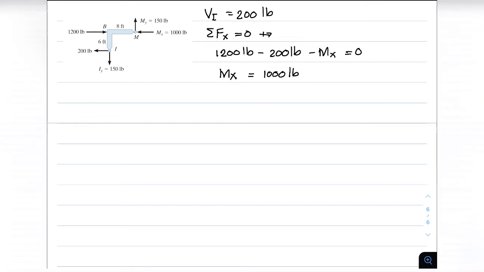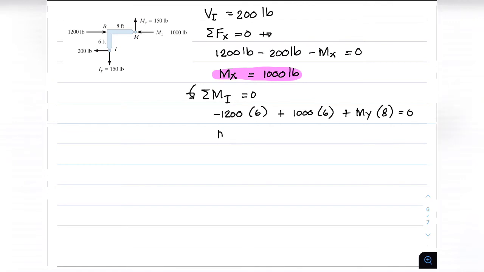Then, we sum up the moment at point I equal to 0, which will give us negative 1,200 times 6 from point B plus 1,000 times 6 at point M plus My times 8 at point M equal to 0, which will yield the value of our My equal to 150 pounds directed upward.